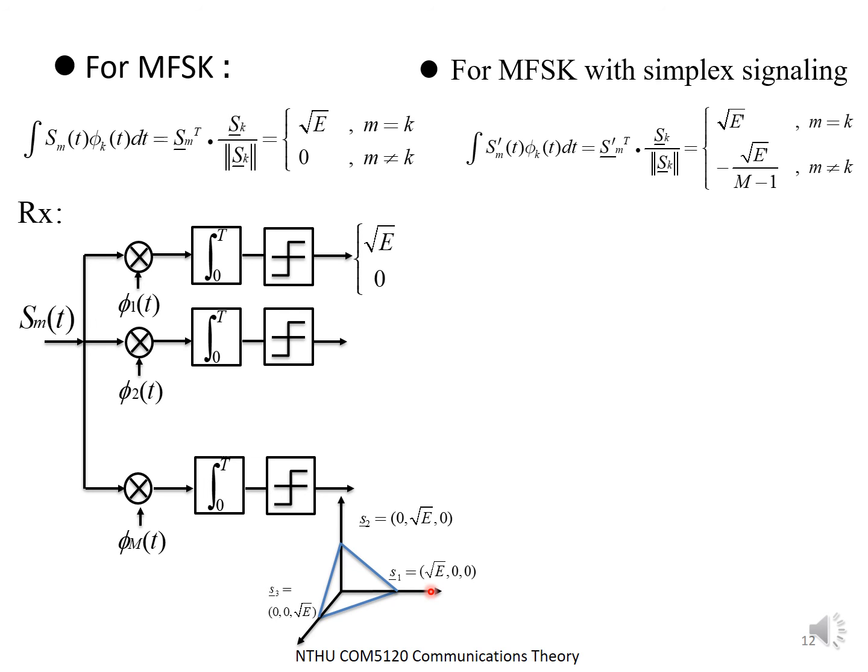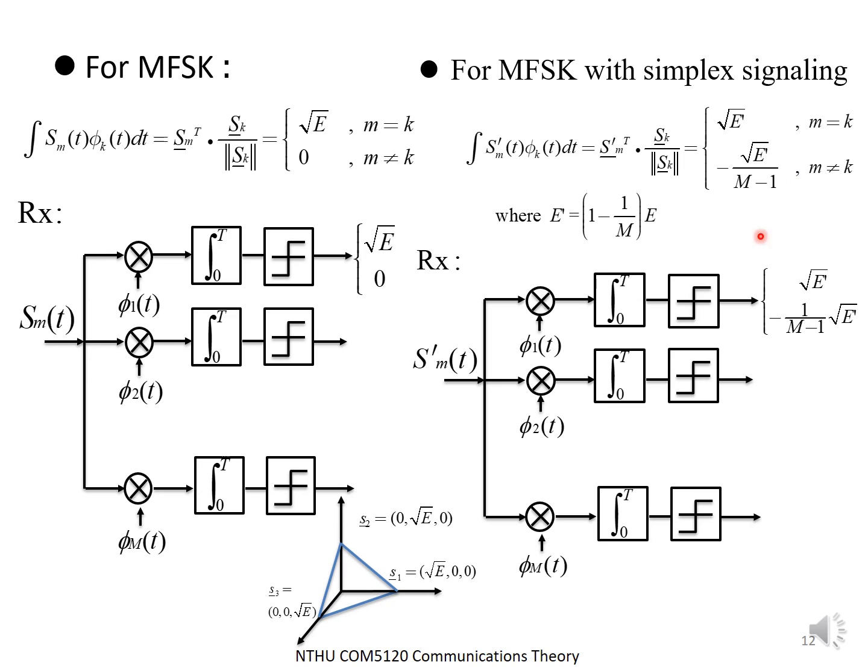And if we have the simplex signaling for this MFSK signal, the inner product of the simplex signal onto each basis would become square root of E prime, or this negative projection, where E prime is the energy of the simplex signal.